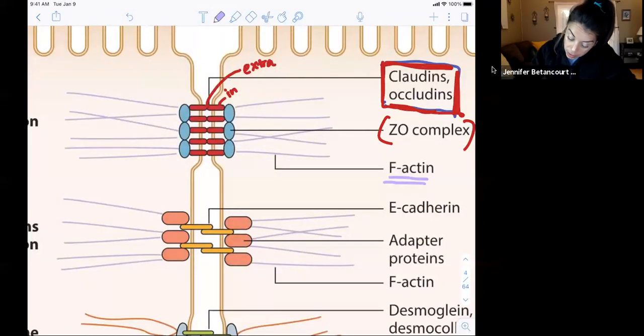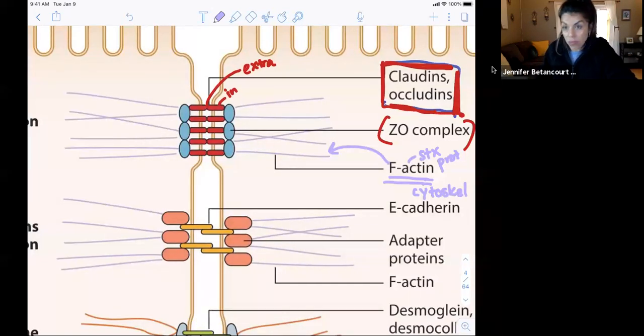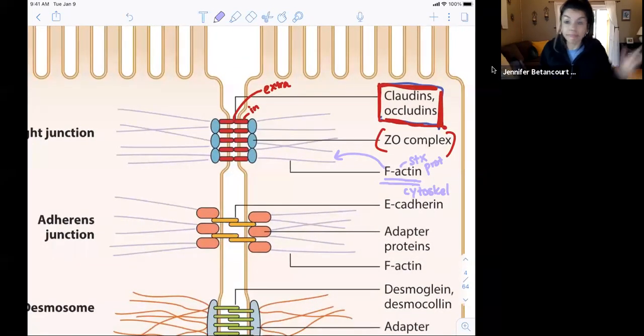Remember, actin is a type of structural protein, and it is also part of the cytoskeleton. So here's your F-actin. It's a special type of actin called filamentous actin. Those are the things that make tight junctions. And that's pretty much it.